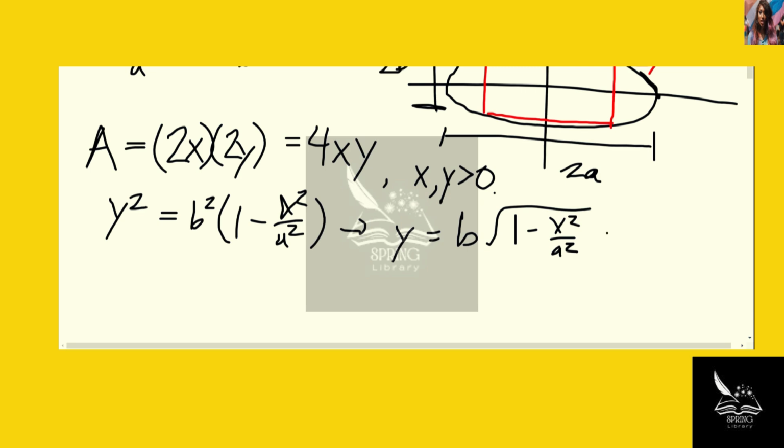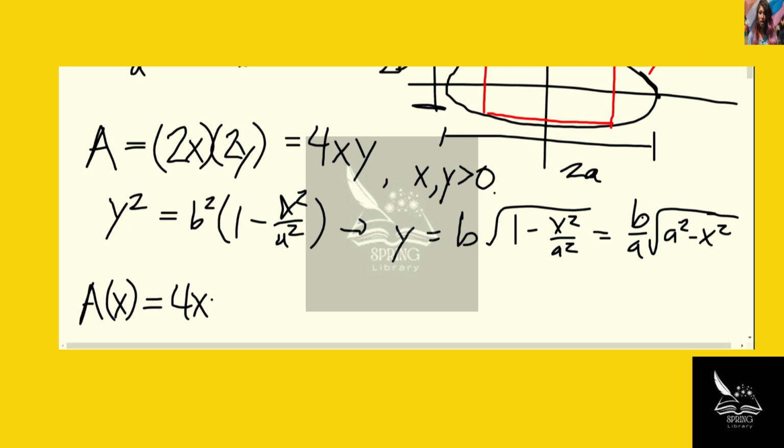This is the same as b over a times the square root of a squared minus x squared. Plugging this into A, we have A as a function of x is 4x times b over a times the square root of a squared minus x squared.